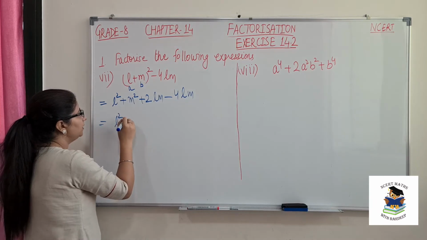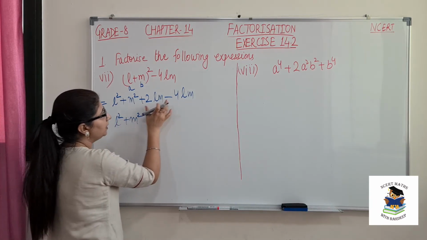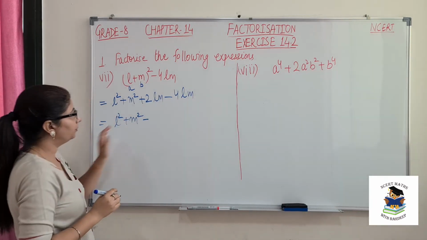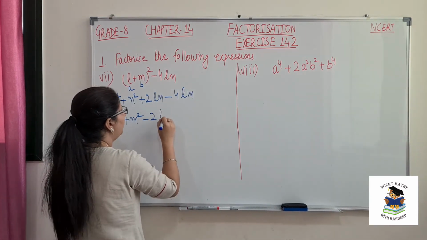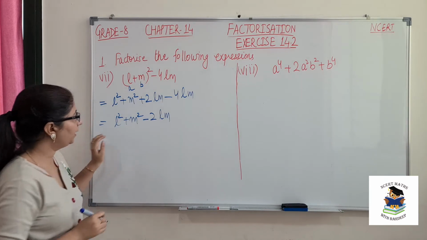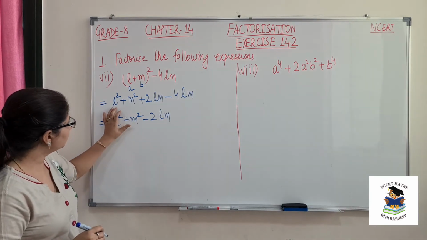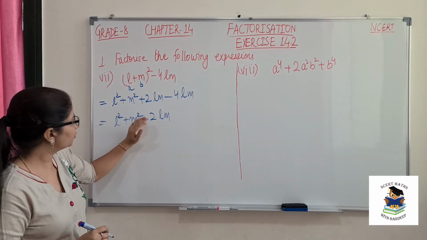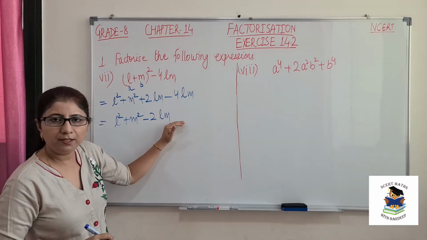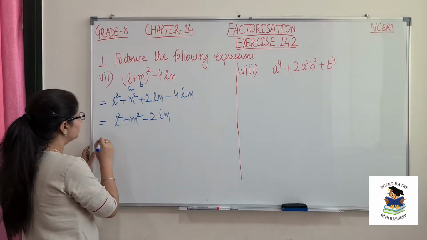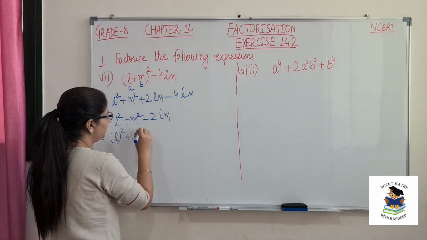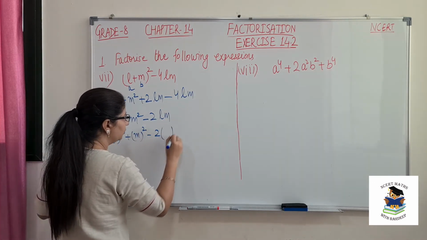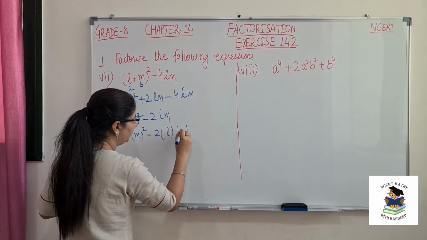So let's solve this. These two are like terms. So plus 2 with minus 4 will give me minus 2lm. Okay. So now I can see this is a square plus b square minus 2 times ab. So I can write like this: a square plus b square minus 2 times ab.